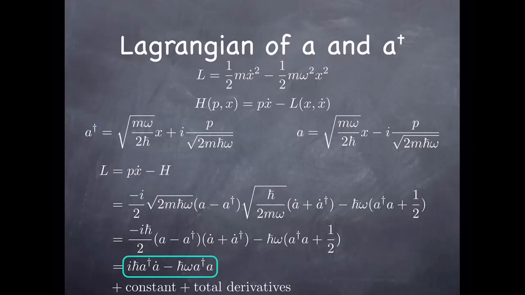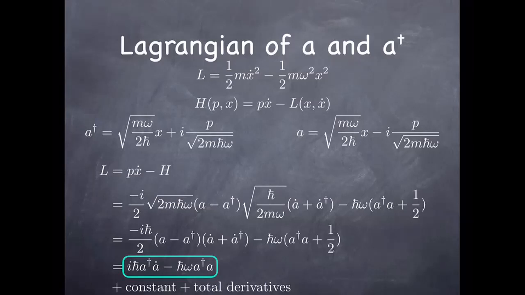So if you take this Lagrangian as a starting point, then the canonical commutation relation is simply that A is the coordinate, iħA† is momentum, and its commutator is iħ, and therefore the commutator of A and A† is 1.